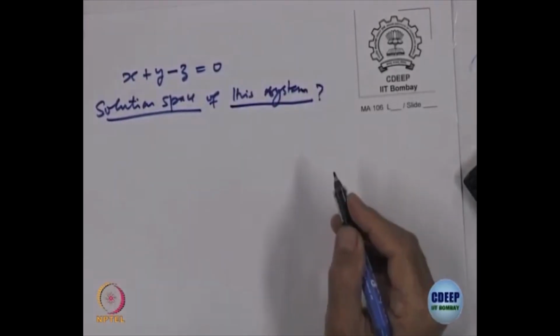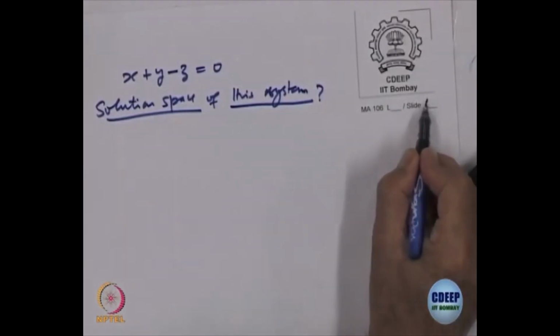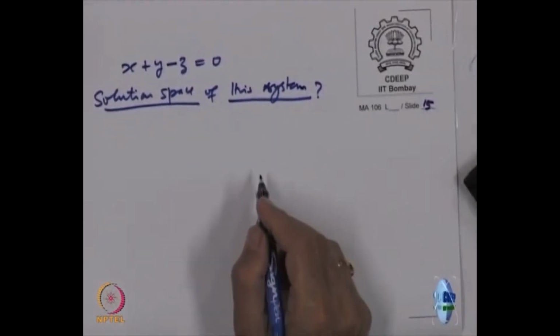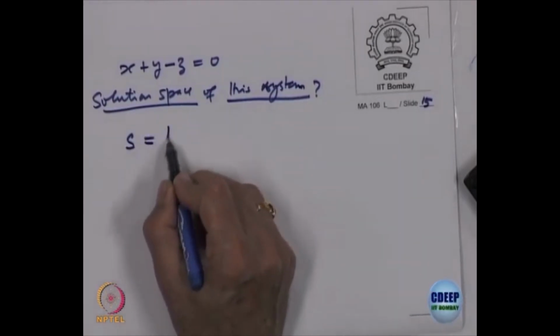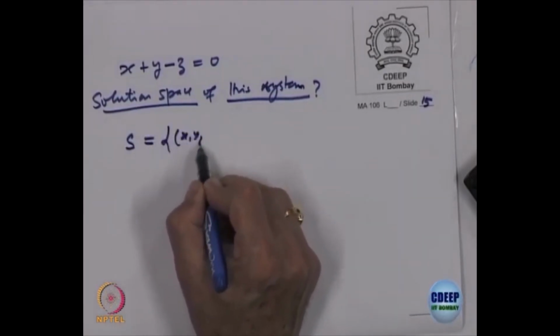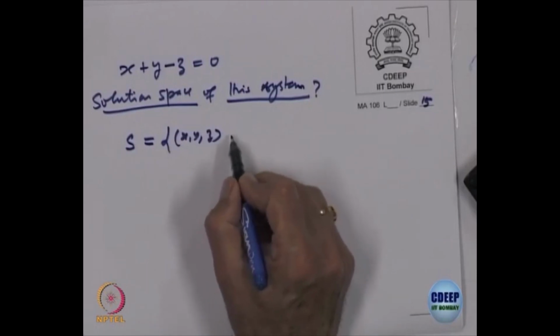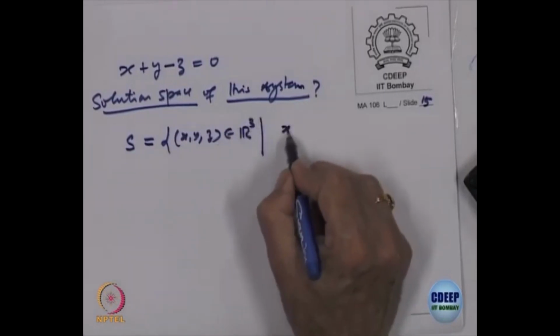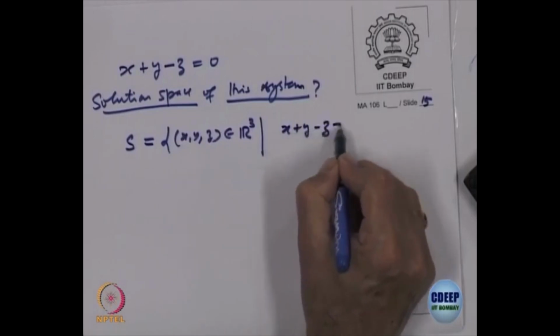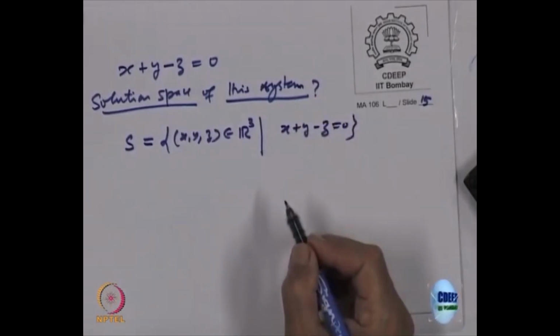What is the solution space of this system? What does solution space mean? It is a set S of all x, y and z, as elements of R3, since there are 3 variables, such that x plus y minus z is equal to 0, right. As a set I can write this.